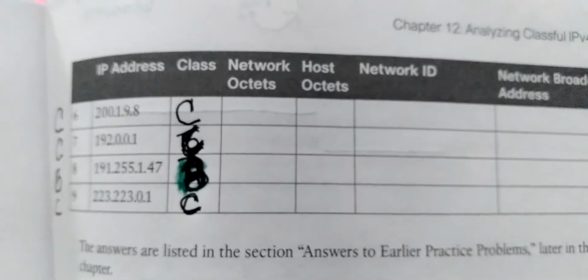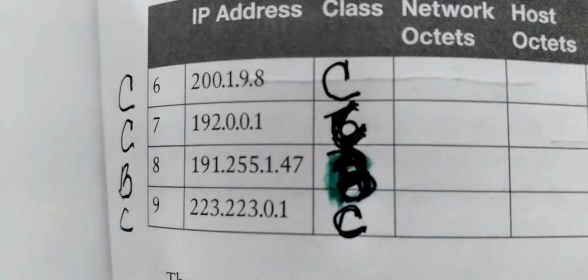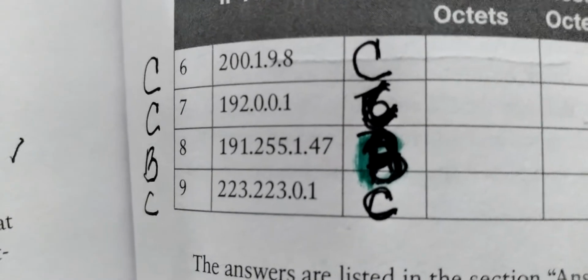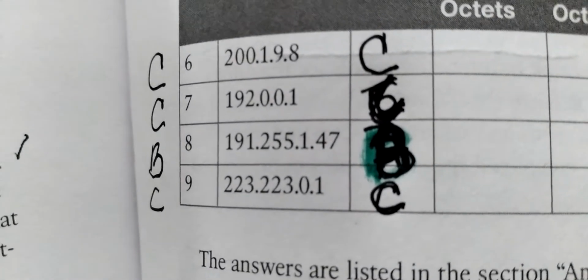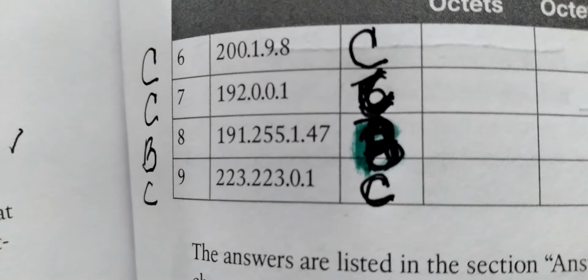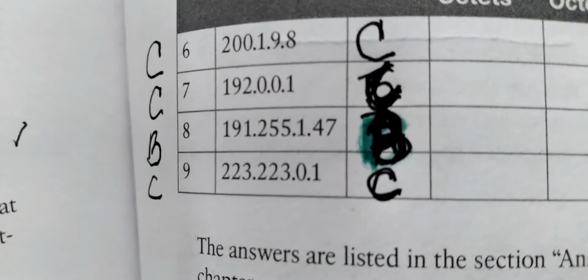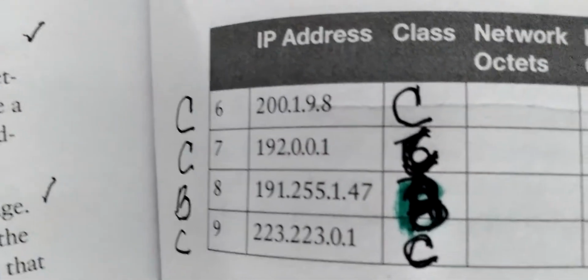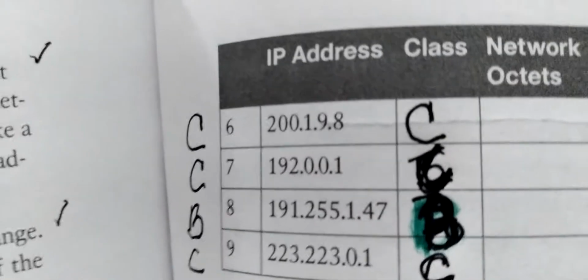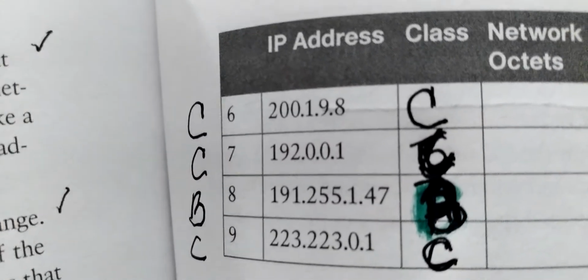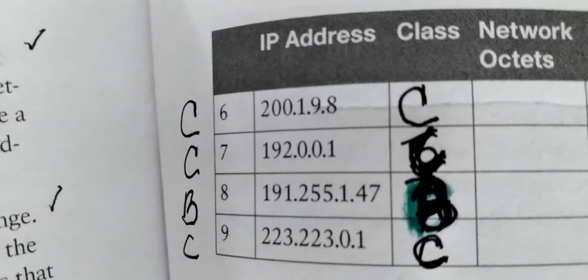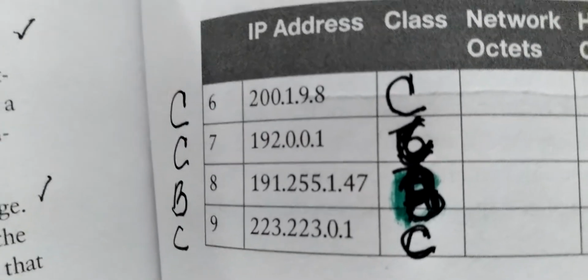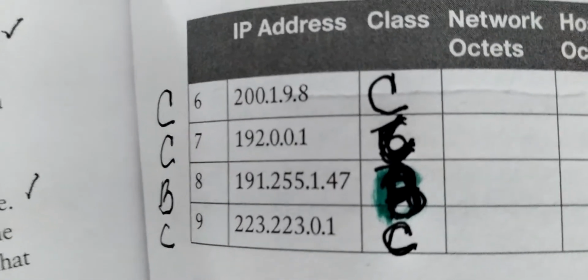Number 6, the IP address is 200.1.9.8, and that is a Class C, because a Class C is 192 through 223, and that's a unicast, and it's used for small networks.